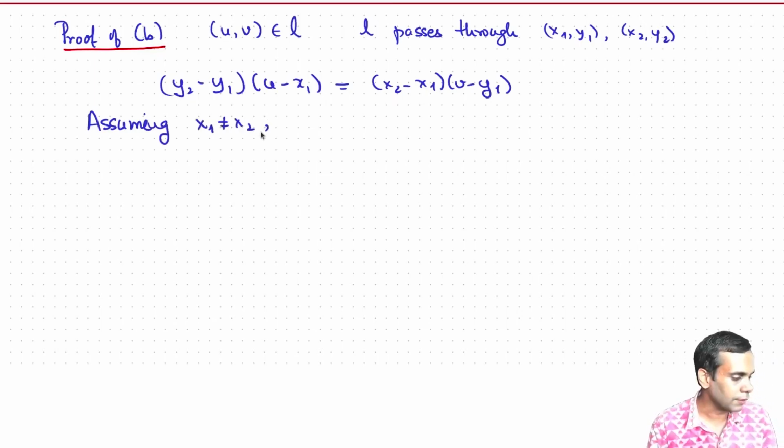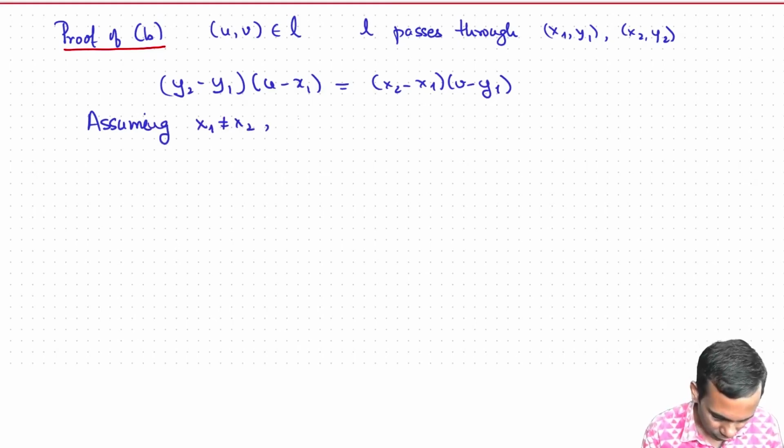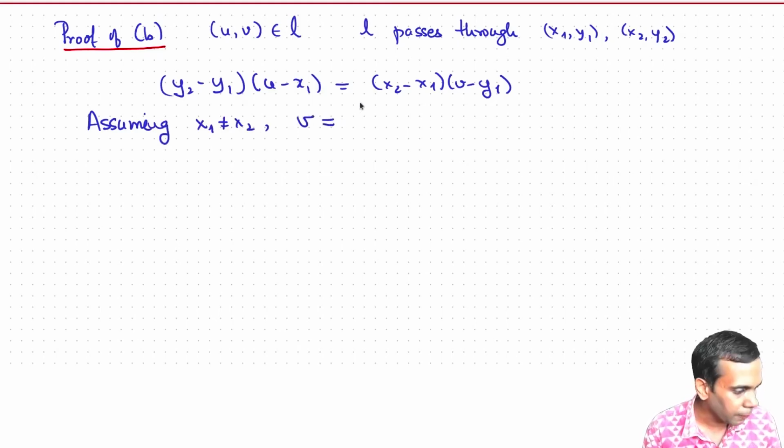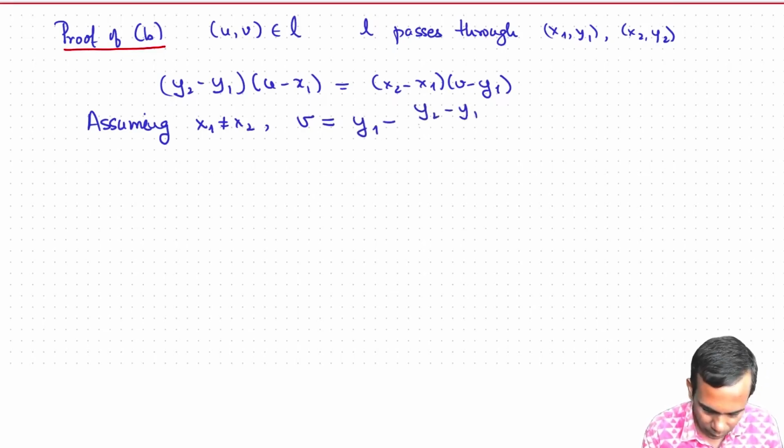We can solve this and write v in terms of u. So v is going to be y1 plus (y2 minus y1) divided by (x2 minus x1) into (u minus x1).